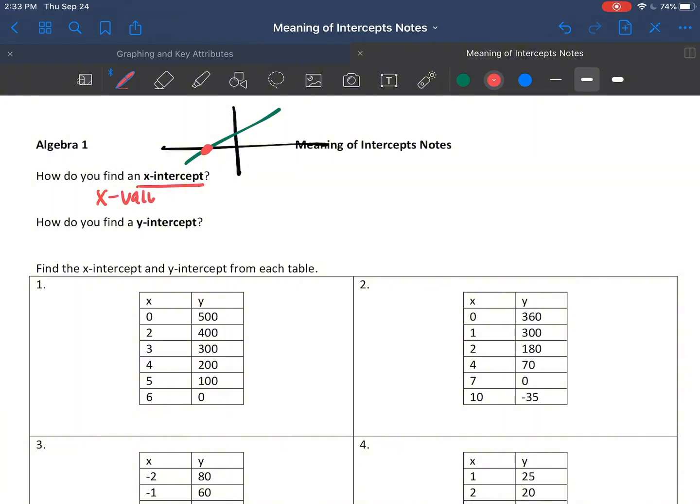And so to find an x-intercept, we're trying to find the x value when y equals 0. For the y-intercept, which is where it crosses the y-axis, that's the y value when x equals 0.